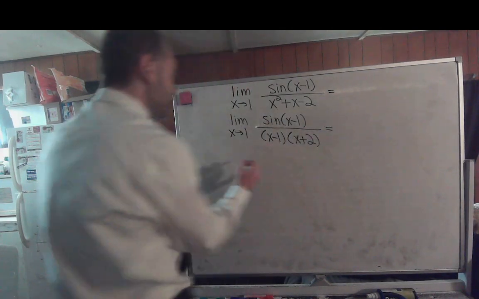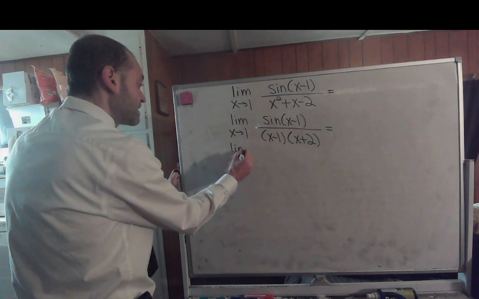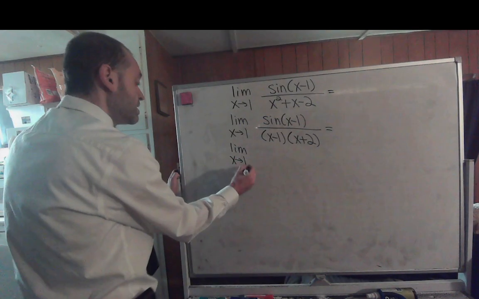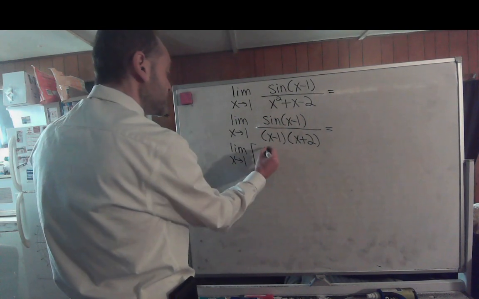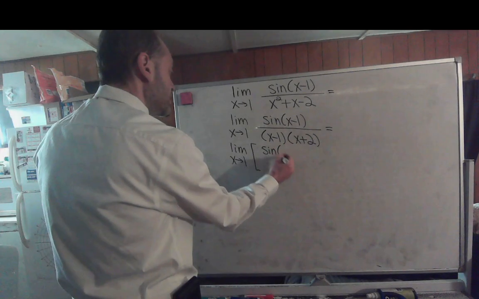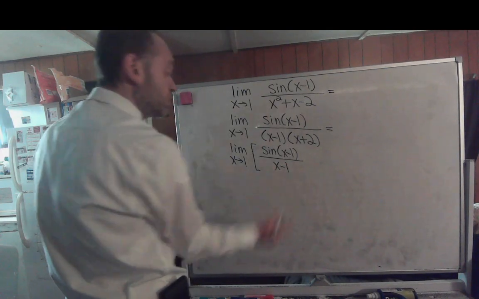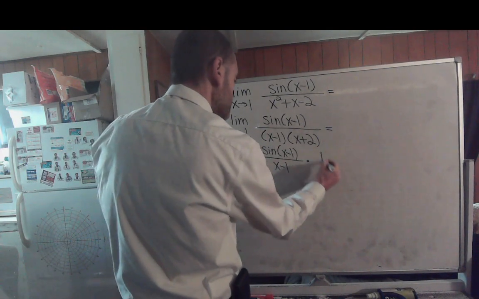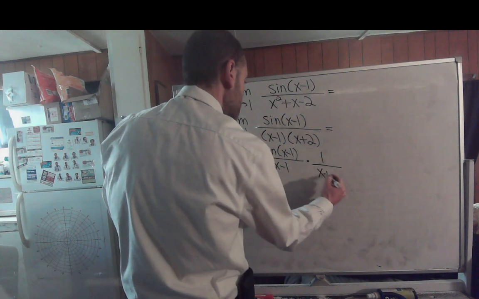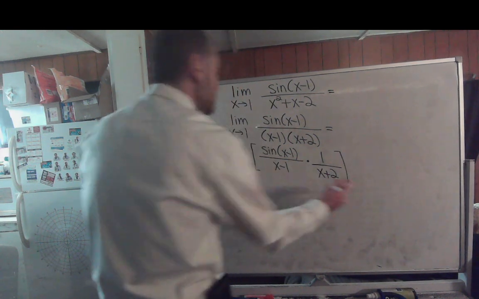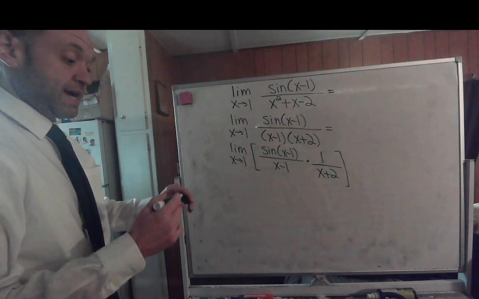Isn't this the same thing as the limit as x approaches 1 of the sine of x minus 1 all over x minus 1 times 1 all over x plus 2? Now we got this into a form we can actually work with.